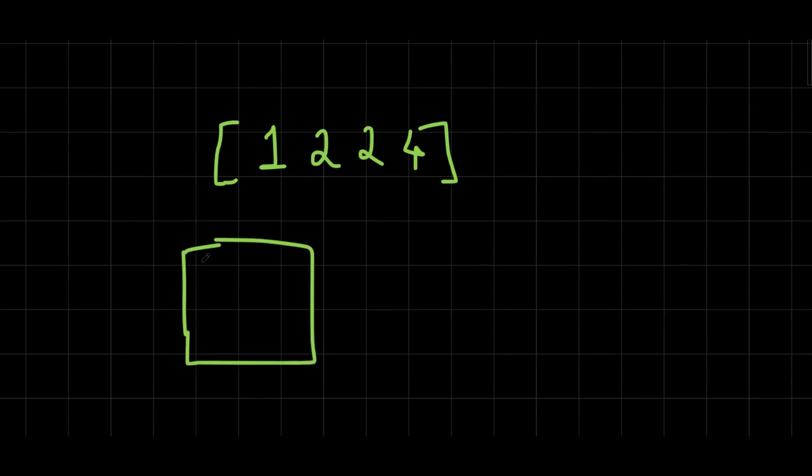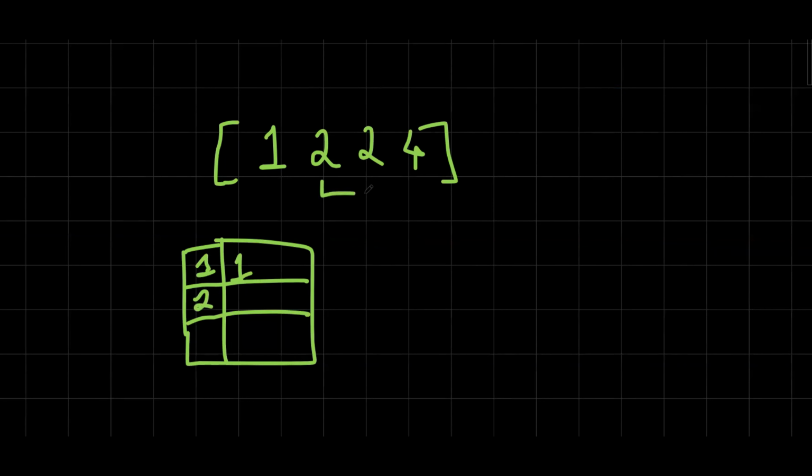This is the first map. Now here, for the first entry of the map, the key will be 1. And the frequency of 1 in this entire array is 1, right? The second entry of the map is 2, which is the key.